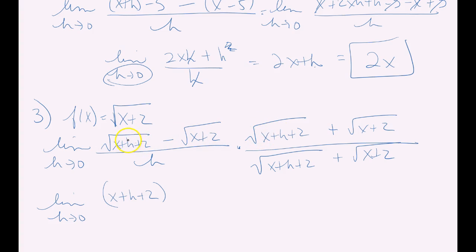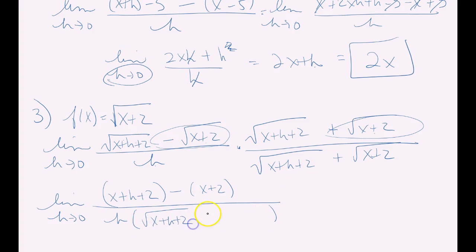Because if you do this times this and this times this, one's a positive, one's a negative, they're going to cancel. So then you just have to worry about the last terms. So minus this times itself, once again, the radical's just going to cancel, all over the bottom. And on the bottom I have an h here, and then I have all of this over here. So don't forget, your denominator's still a part of this problem.